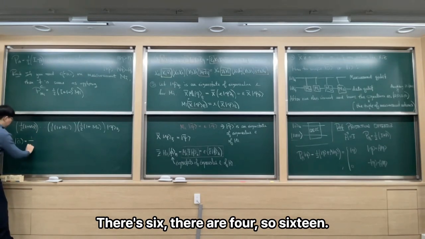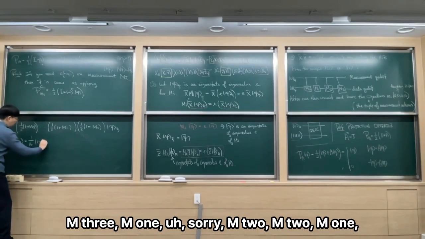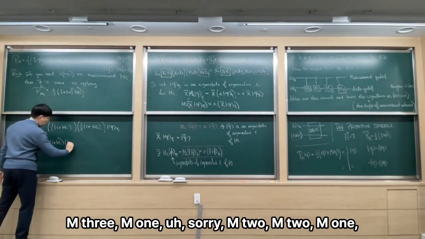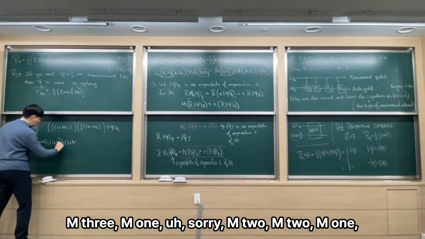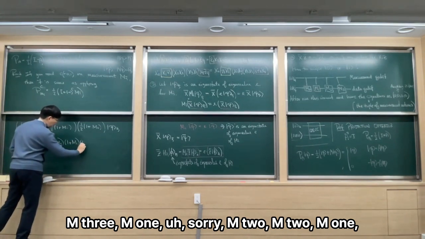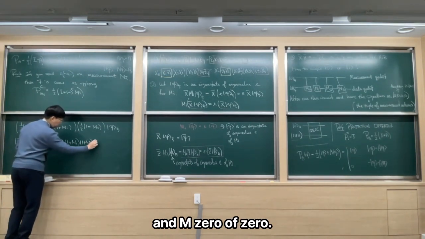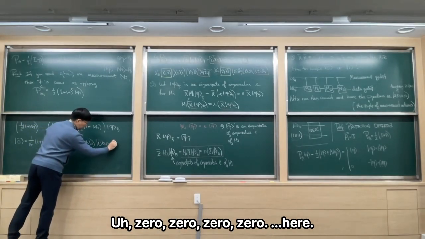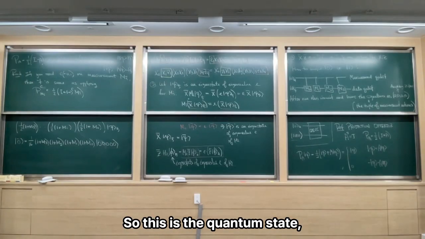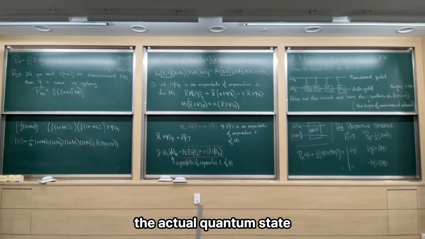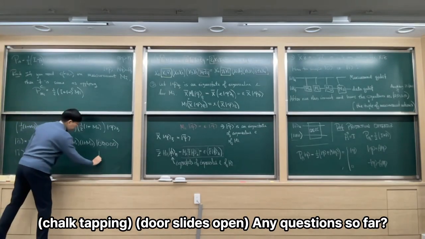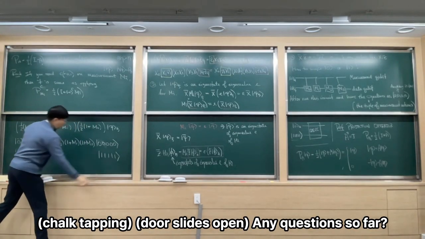There are 4, so 16, M3, M2, M1, and M0 of 0, 0, 0, 0, 0. So this is the actual quantum state on the 5 physical qubits. And 1 bar is the same thing.